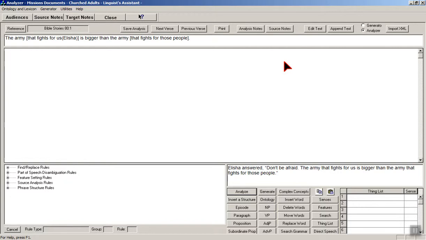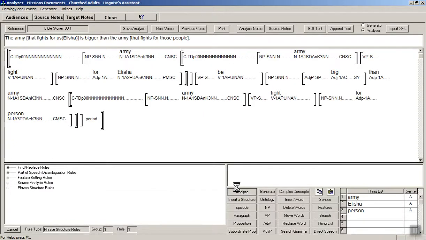And now the TBTA can make a first pass at analyzing this to give us what we call our phase 2 representation. So the button for that is down in the bottom right, this little button called Analyze, and I'm going to click that. Now you can see there's an hourglass symbol, and that shows that the computer's working.